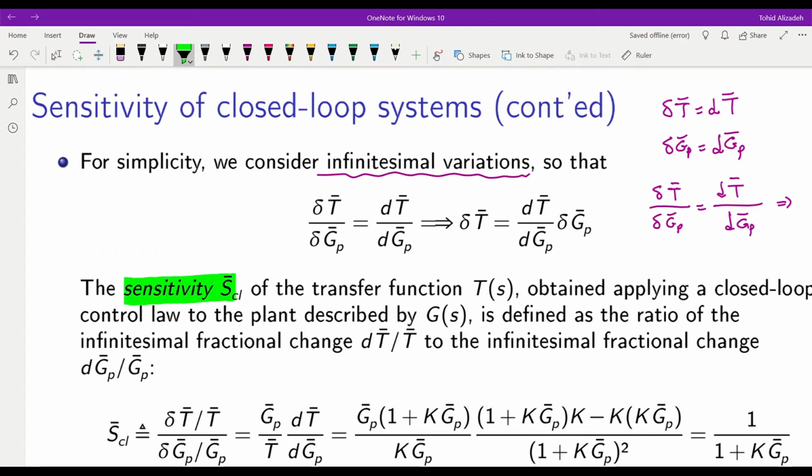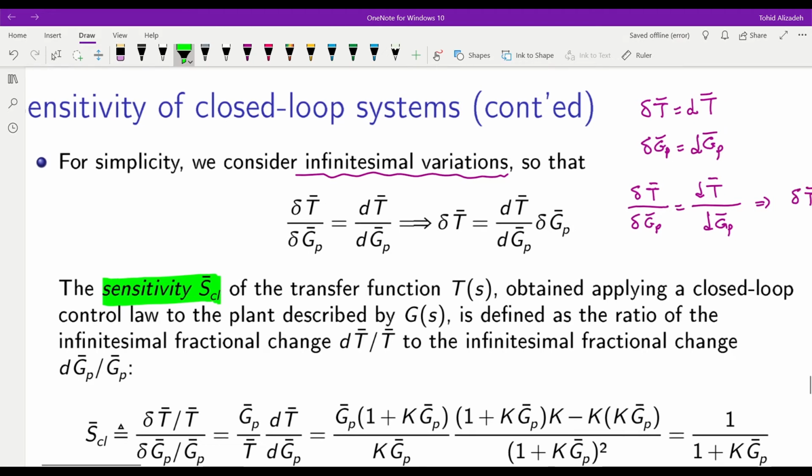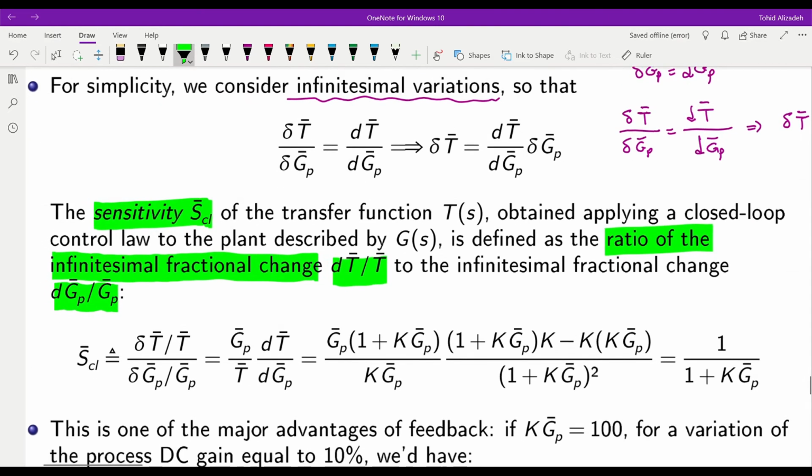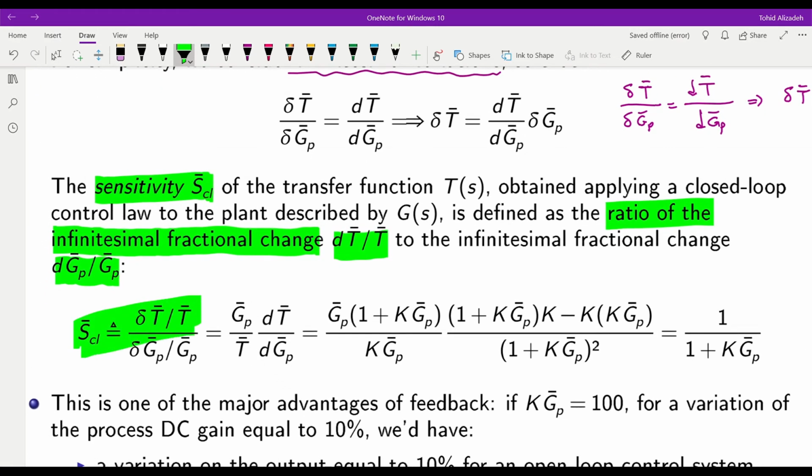So the sensitivity S for the closed loop system, SCL bar, will be obtained by applying a closed loop control law to the plant described by GS, and it is defined as the ratio of the infinitesimal fractional change dt bar over t bar to the infinitesimal fractional change dgp bar over gp bar. So this is how we define the closed loop sensitivity.